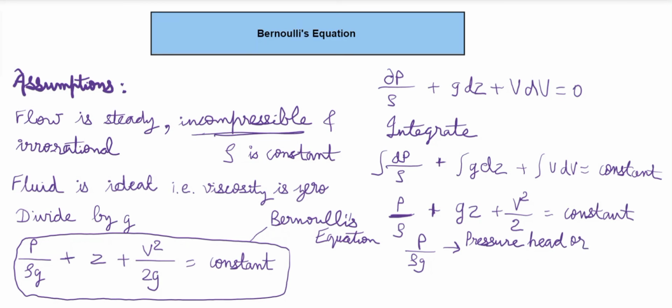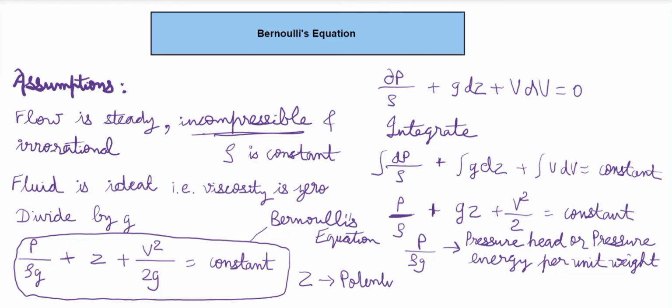The first term, which is P by rho g, is known as the pressure head or pressure energy per unit weight. It can be asked in MCQs what do we call the first term. Then the second term, which is Z, is the potential head or potential energy per unit weight.